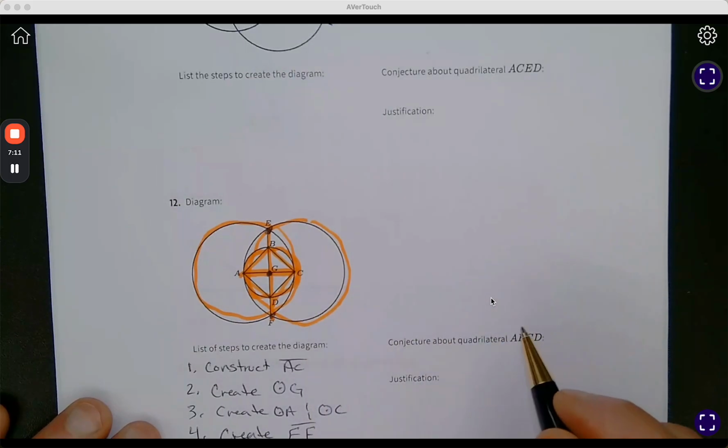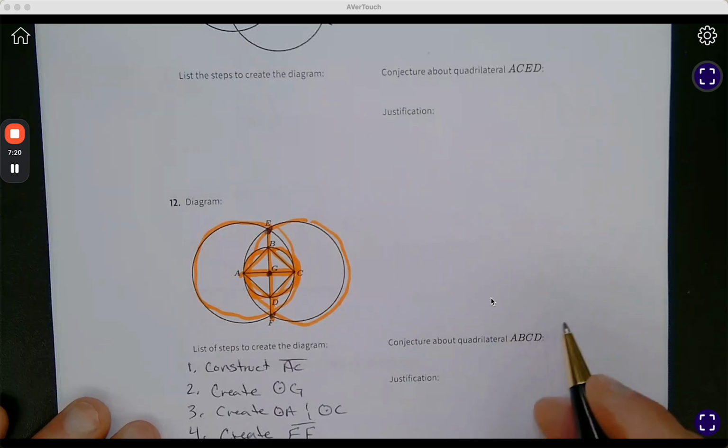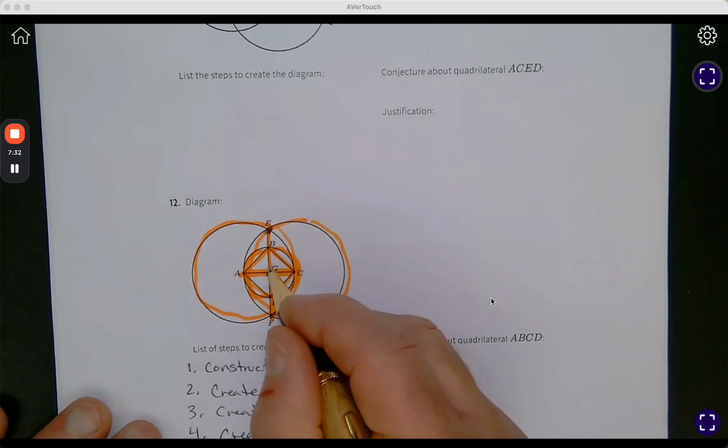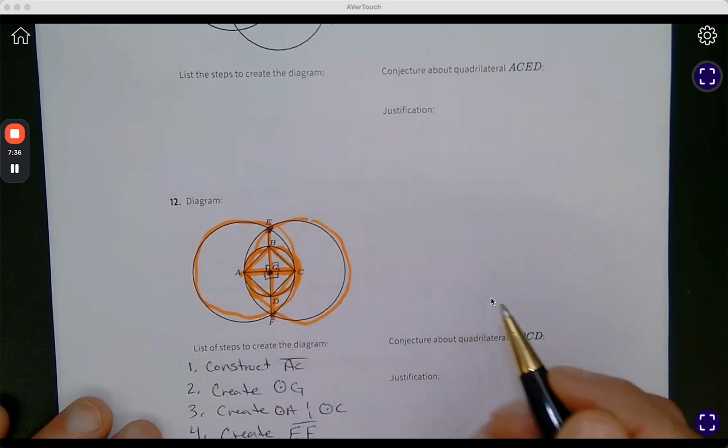Okay. So I'm thinking that ABCD is a square, because AC is perpendicular to EF. So that means it creates a 90-degree angle here, here, here, and here. Right?